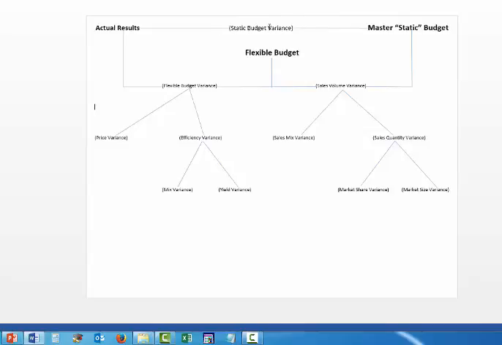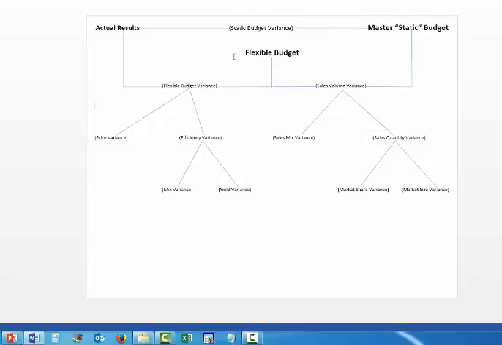What we want to do is take this and go further. We are next going to develop a third budget, and this one's called the flexible budget.